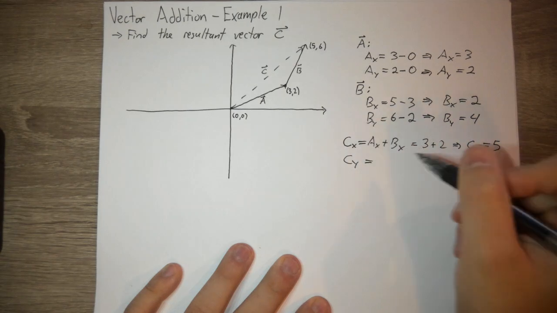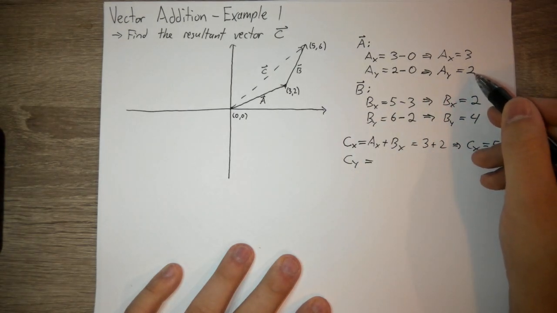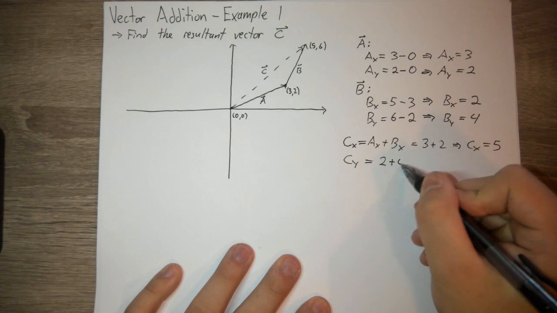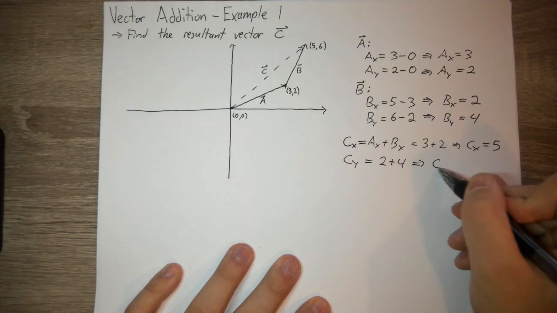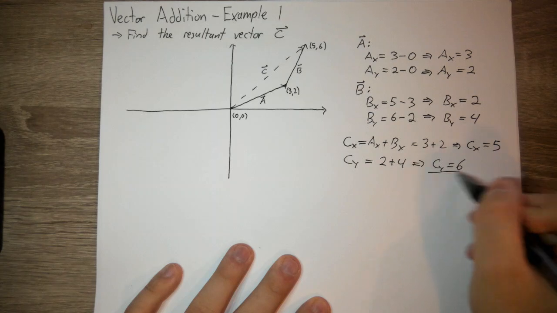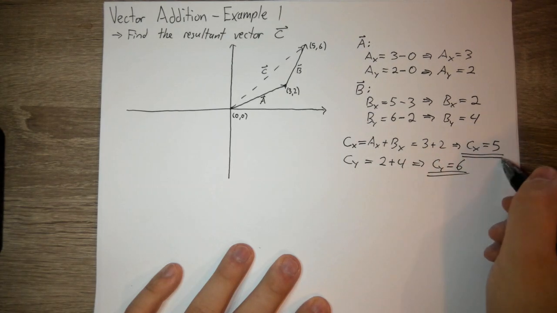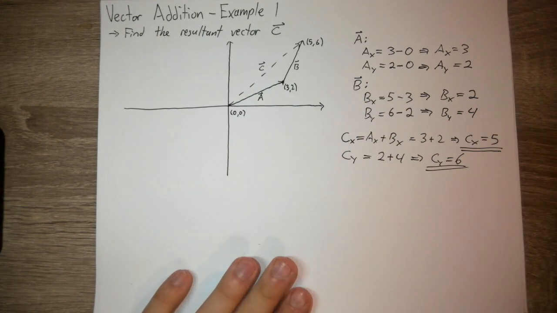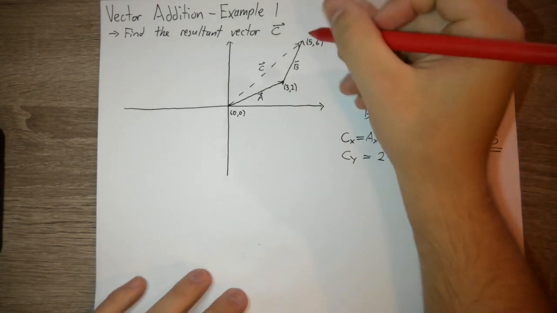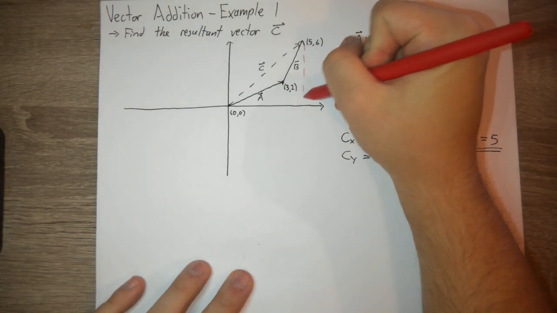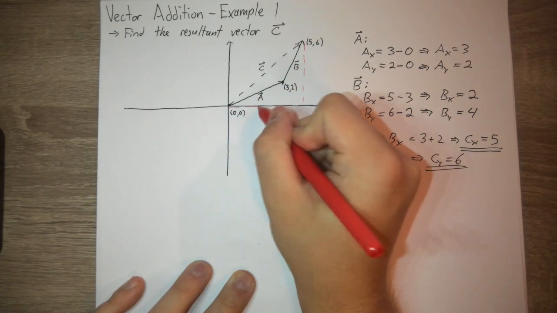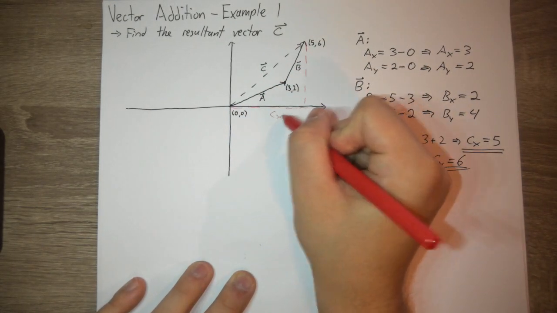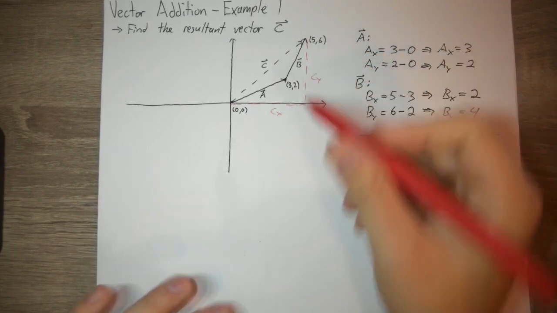Same for y. Cy is 2 plus 4, which is 6. So we have our two components now of our resultant vector, which if I draw it in red is just this giant triangle here. So Cx, Cy.